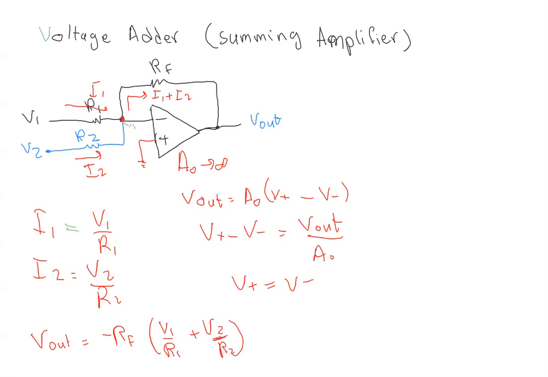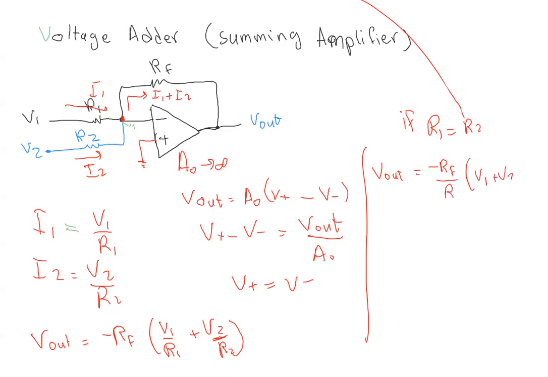Now you can see if R1 is equal to R2, then V out will equal minus RF over R times (V1 plus V2).